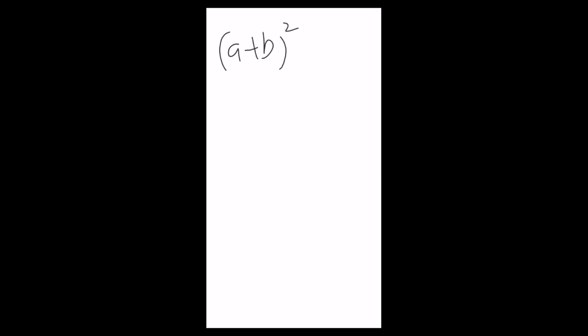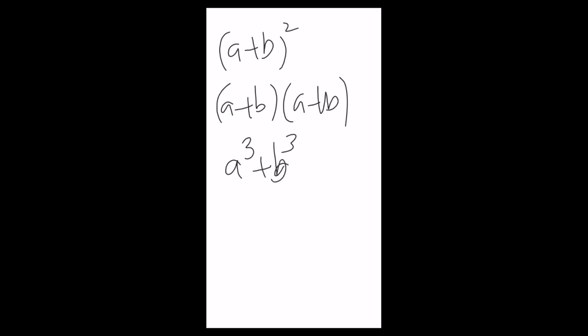A plus b whole square means a squared plus 2ab plus b squared. Exactly. So similarly, I'm writing the same pattern over here, but the difference is that this time I wrote a cubed plus b cubed. Got it? So it means that it is a plus b, then a plus b, and then a plus b. Okay, can you solve it now?